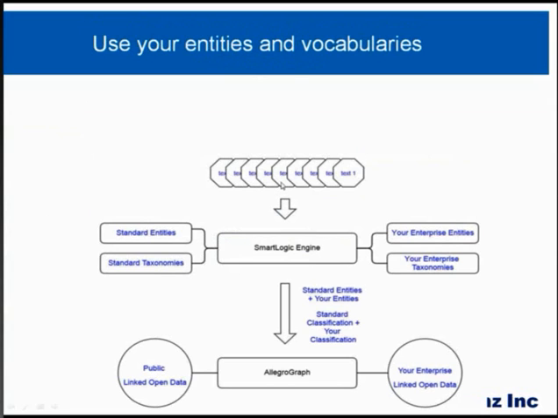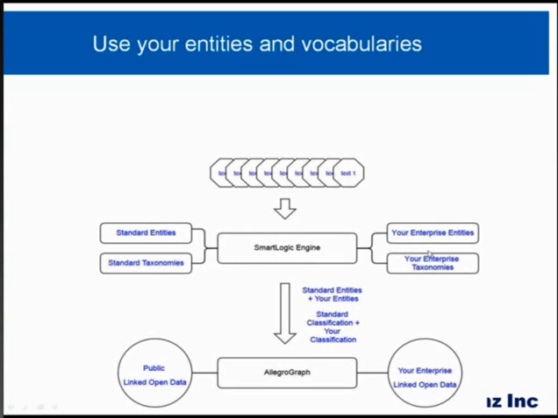You have a lot of text, and you have an engine that has its own standard entities. So Smart Logic is a whole entity extractor, which means it can recognize people, it can recognize organizations, countries, currencies, whatever you have. And it has a bunch of taxonomies. Yeah? So this is what you get out of the box.